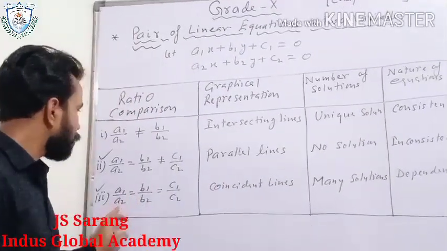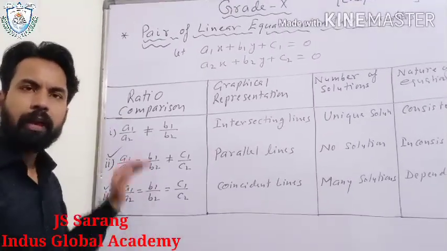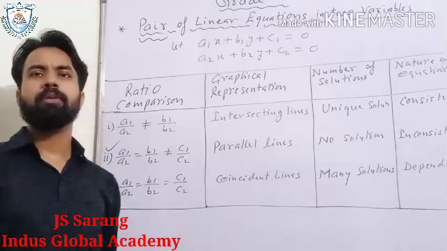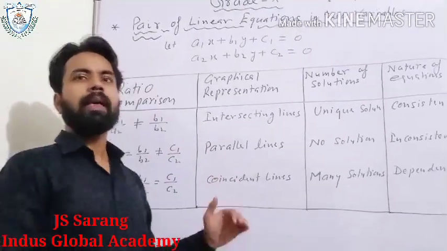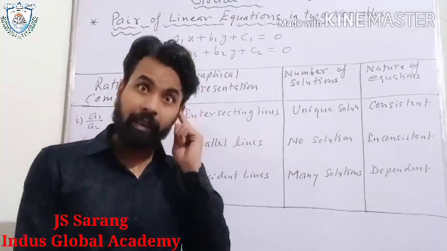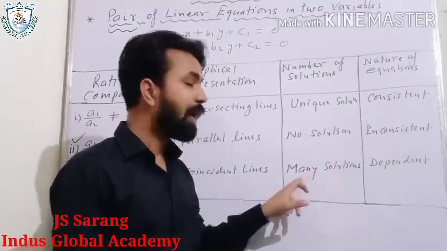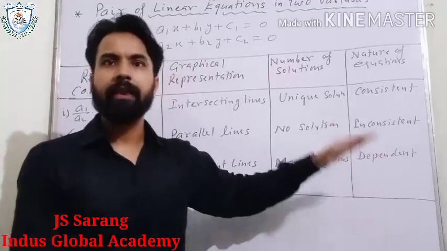Means the ratios a1 a2, b1 b2 and c1 c2 all are equal. So whenever a1 upon a2 is equal to b1 upon b2 equal to c1 upon c2, then the lines will be coincident lines. If the lines are coincident, then the number of solutions will be many, infinitely many. If there are many solutions, that means the nature of equation will be dependent.